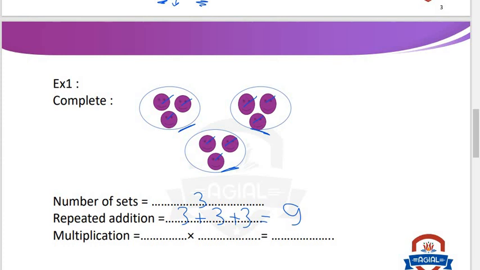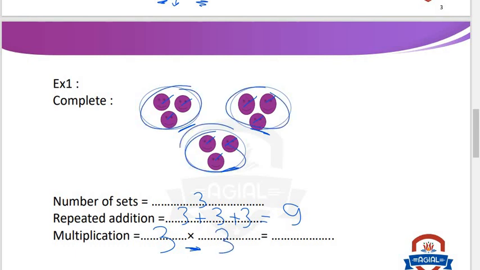Do you understand? Okay, multiplication. How many groups do we have? We have 3 groups. Multiply or times. How many smile faces in each group? 1, 2, 3. So we will write 3. 3 groups, and each group has 3.